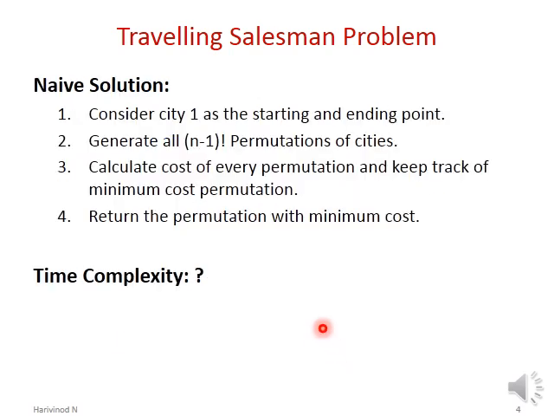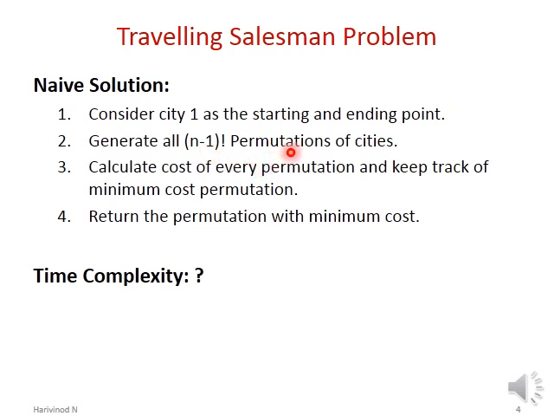Suppose we are giving the straightforward or naive solution for the traveling salesman problem. Consider city 1 as the starting city, of course it is the ending point also. Then we need to visit all the other n-1 cities.